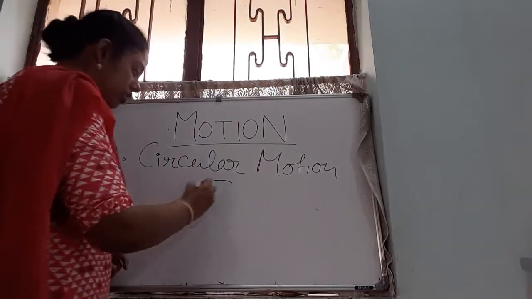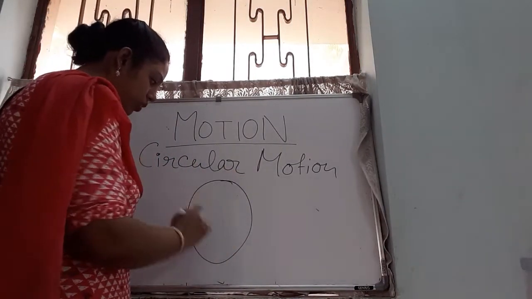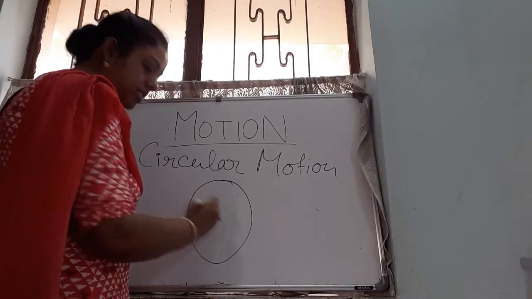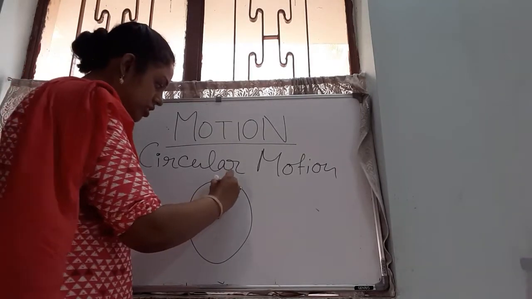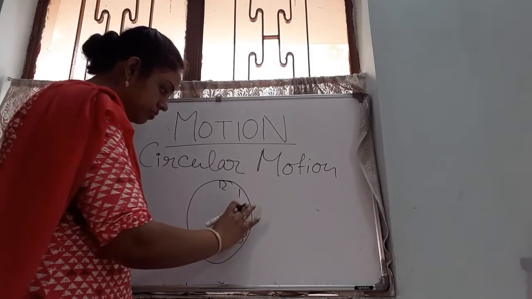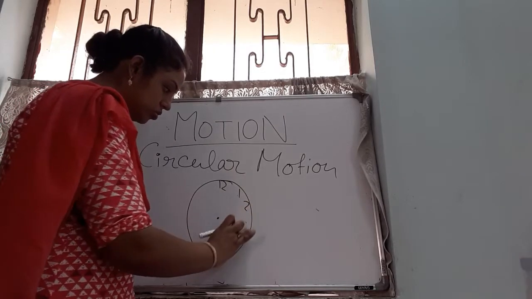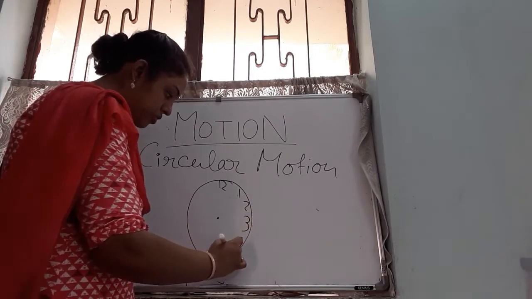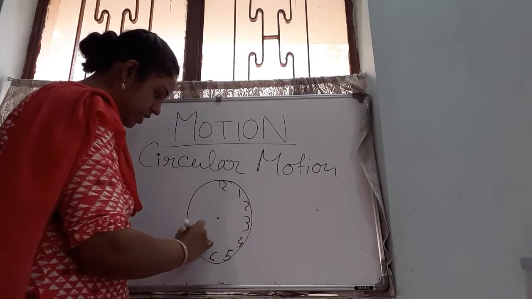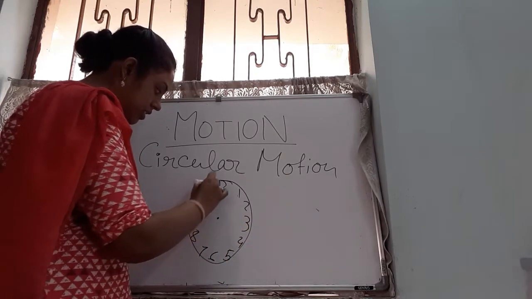Suppose in a clock, this is the center, here written 12, 1, 2, 3, 4, 5, 6, 7, 8, 9, 10, 11, 12.